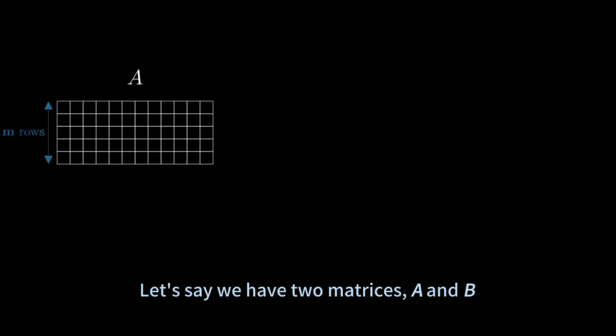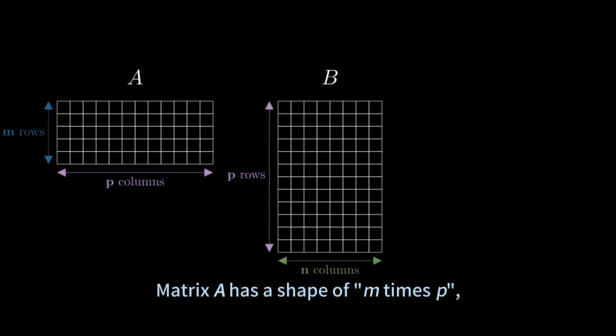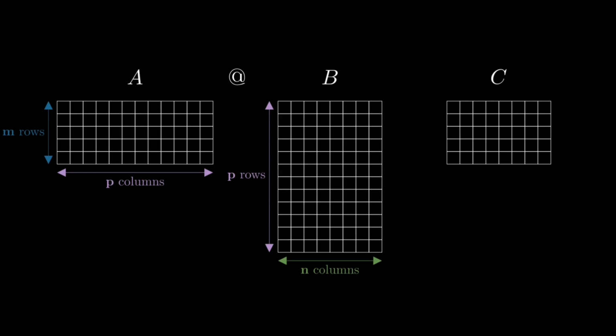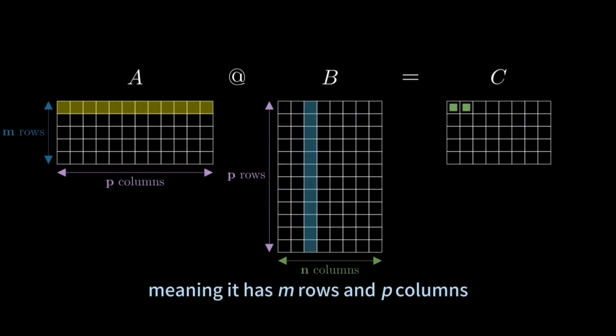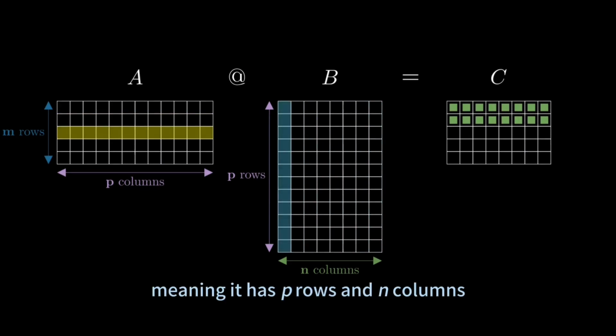Let's say now we have two matrices, A and B. Matrix A has a shape of M times P, meaning it has M rows and P columns. Matrix B has a shape P times N, meaning it has P rows and N columns.